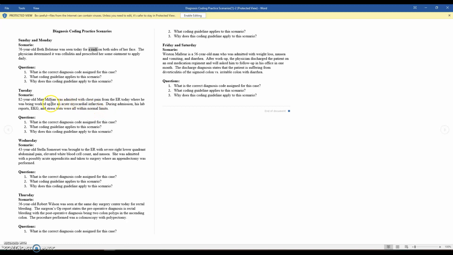So they're not actually diagnosing the patient with the acute myocardial infarction. What they're doing is they're working the patient up to see, is this really what happened? Is this why the patient was having chest pain? So in this scenario, there's no definitive diagnosis. So the chest pain, which is again a symptom code, would be appropriate. If you have any questions, just let me know on that part.